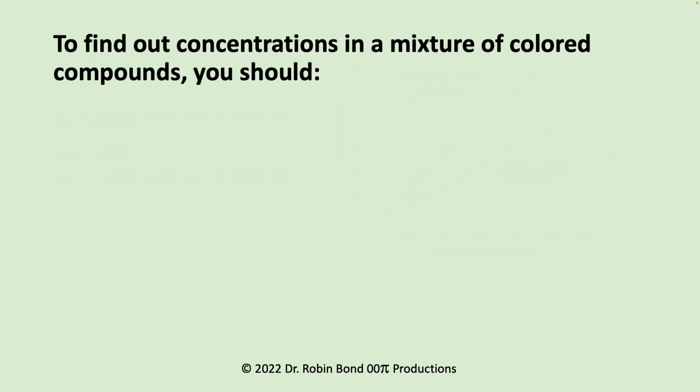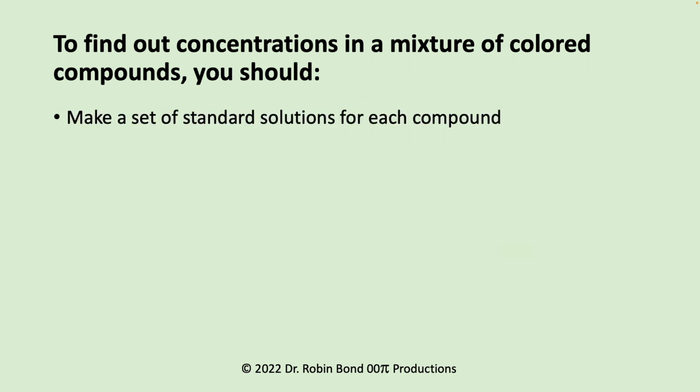If you need to find out concentrations in a mixture of colored compounds, which is what you're doing in lab, the executive summary is, first, make a set of standard solutions for each compound in the mixture. What I just showed you the algebra for was a mixture of 2 colored compounds.